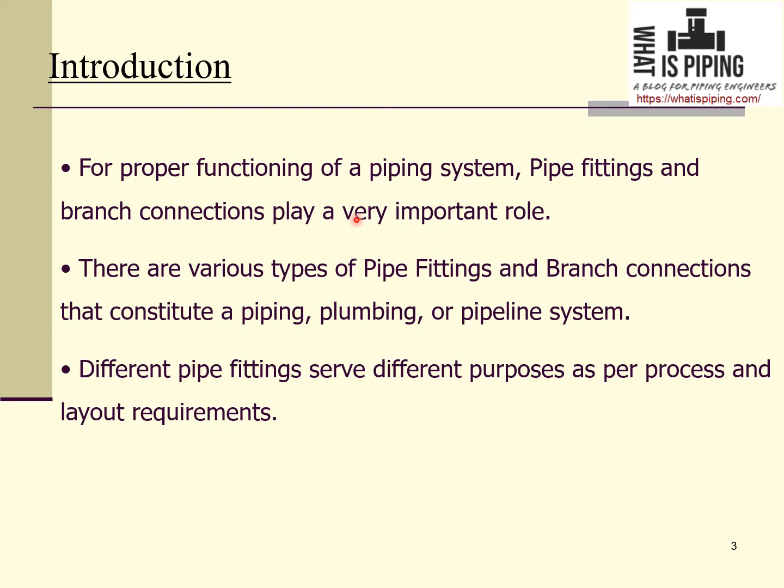Basically, without these pipe fittings and branch connections, a piping system is not complete. So, for proper functioning of the piping system, pipe fittings and branch connections are a must, and knowledge about the same should be known to every piping engineer.